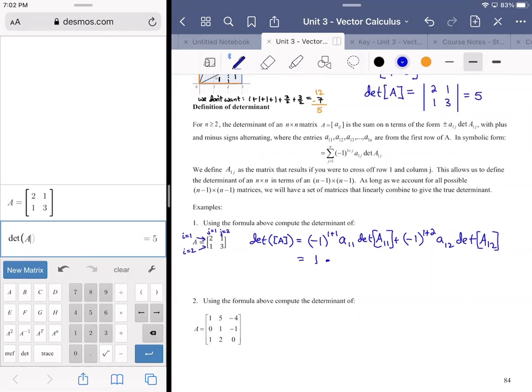The entry a sub 1,1 is 2. And then the determinant of whatever is left over when you eliminate the row and column that contains the 2. That's what this is encoding. So basically, it's telling us to get rid of row 1, column 1. That's only going to leave us with a 3.